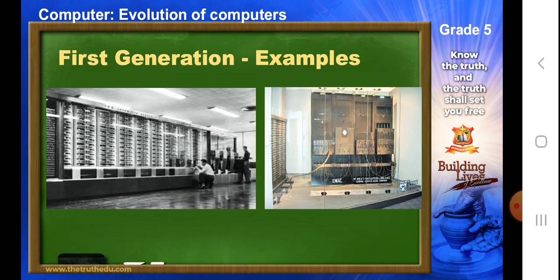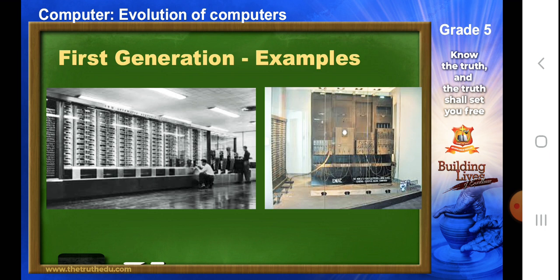In first generation computers, we had the example of Mark 1, which was developed by Howard H. Aiken in 1944. Remember the 800-kilometer wire I spoke about? That was the long cable which was needed here. Then we spoke about the second machine which you see here, the ENIAC, the Electronic Numerical Integrator and Computer.